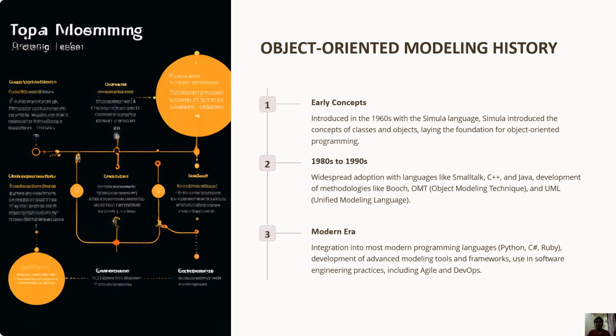This is a summarization of how object orientation started in the early 90s and how it came up in the modern era. This is just an overview. We have deeper concepts which we will learn, including how it started, how the idea came, and how it has been developed through different processes.